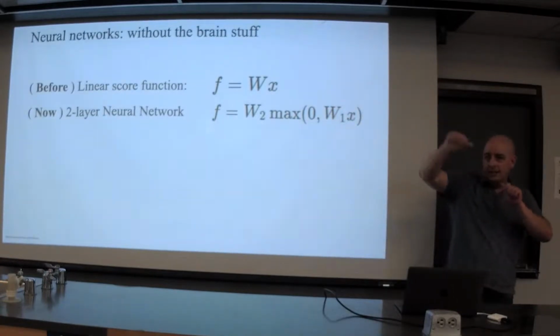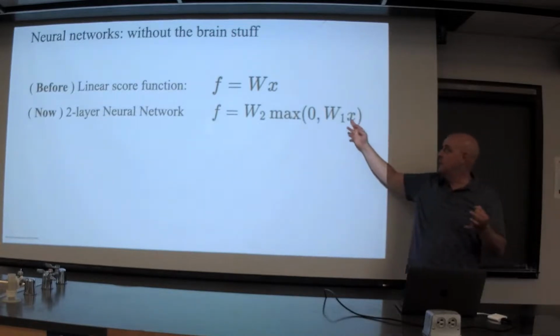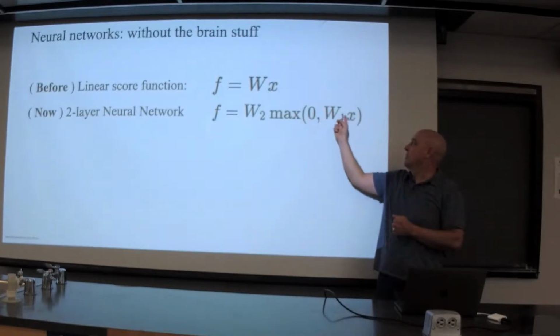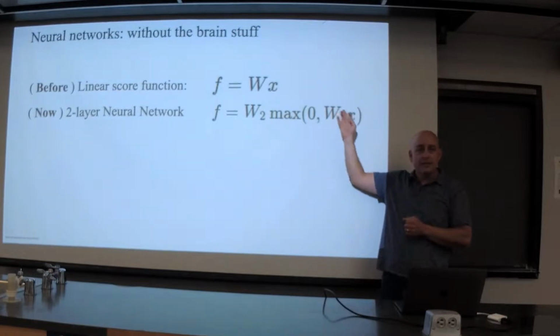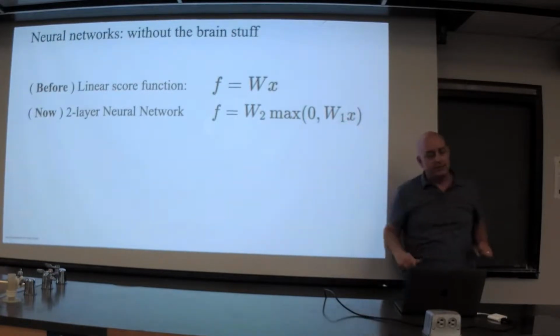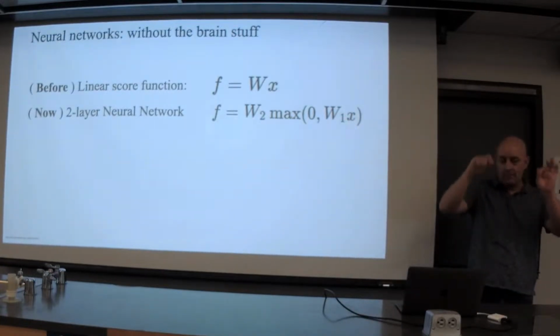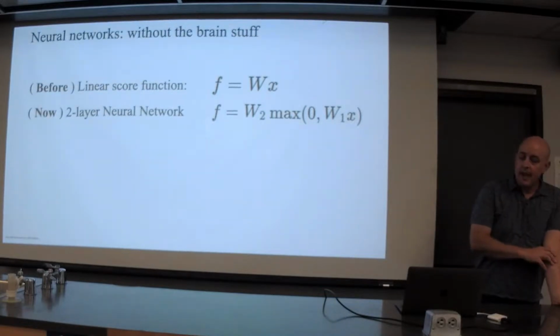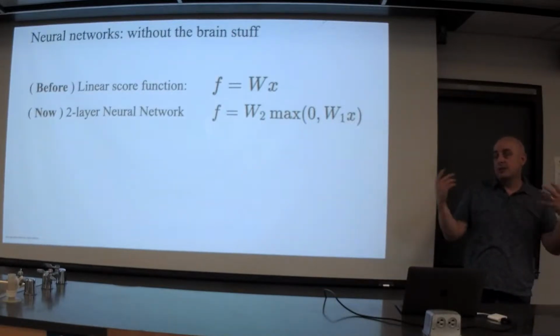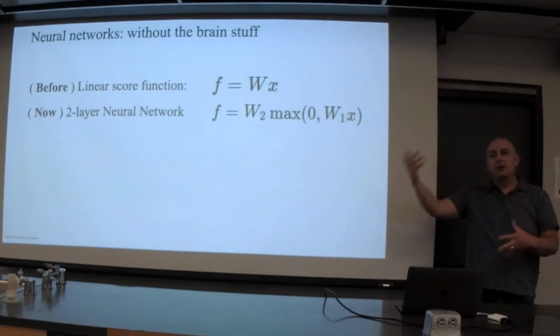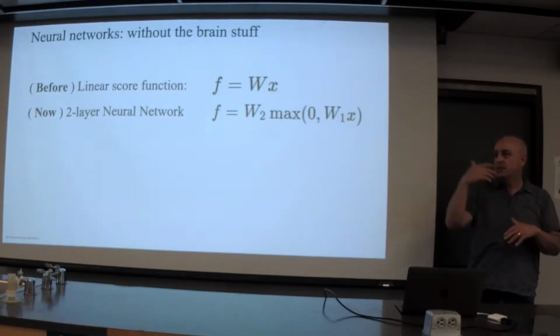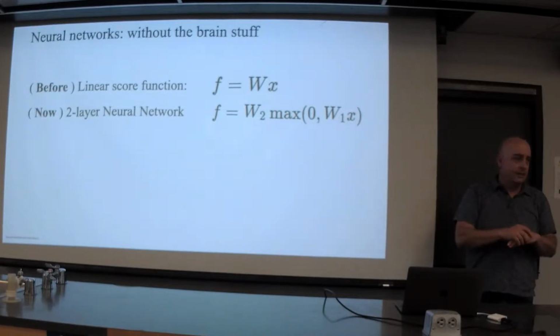Think of it as a graph. There's an edge between an entry of the input and an entry of the output, as long as there's a non-zero weight in the correct entry in that matrix. And so this is what's known as a fully connected network. All of the inputs at every layer are connected, or at least potentially can be connected, to all the outputs at every layer.